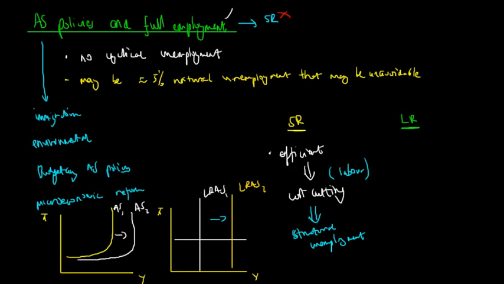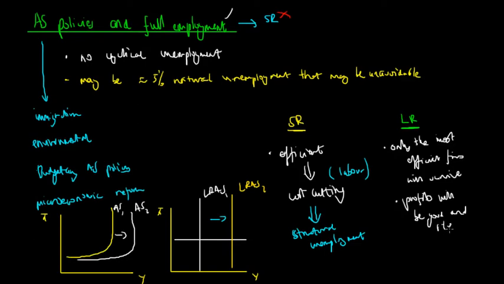However, in the long run, what this means is only the most efficient firms will survive. And when the most efficient firms survive, profits will be good and steady. So the volatility of profits due to competition would tend to decrease, because only the most efficient firm survives in the market.